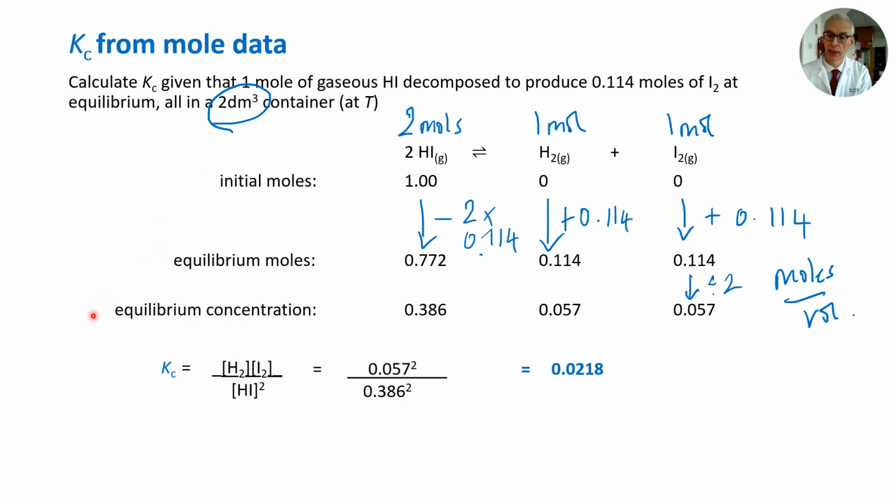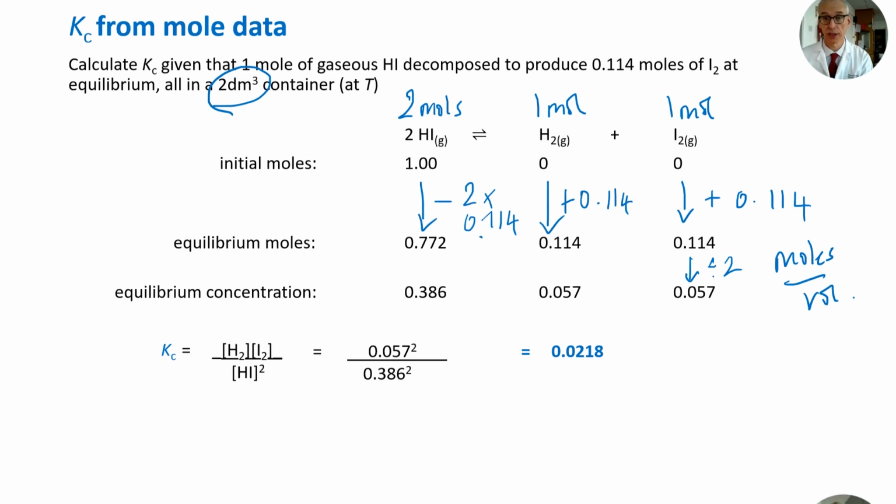That will avoid any mistakes. Get your equilibrium concentration values, put them into the correct Kc according to the equilibrium law, and solve for the value of Kc. In this case, Kc has no units.